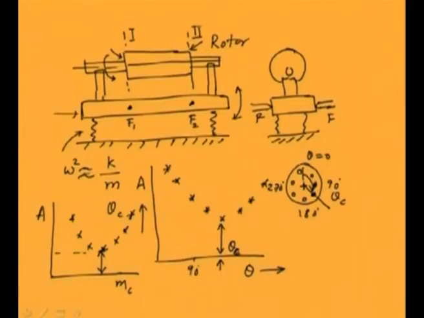Okay, so this gives us the correction mass on plane 2. And the same procedure we have to repeat by fulcruming the rotor at F2. So that way we will get the correction mass for plane 1.